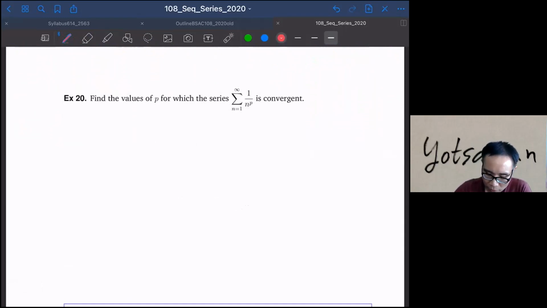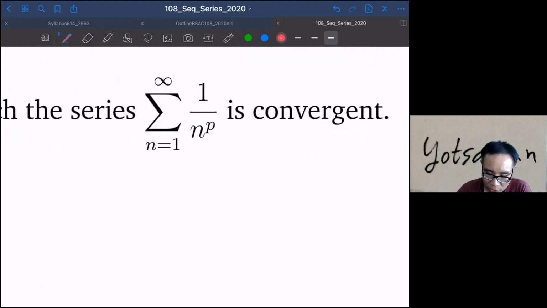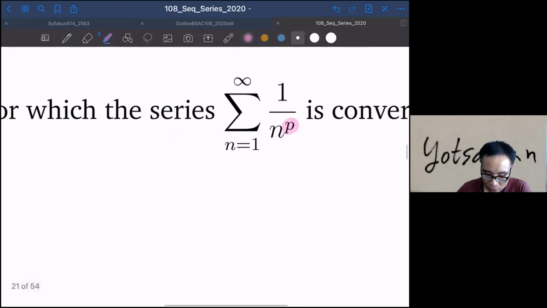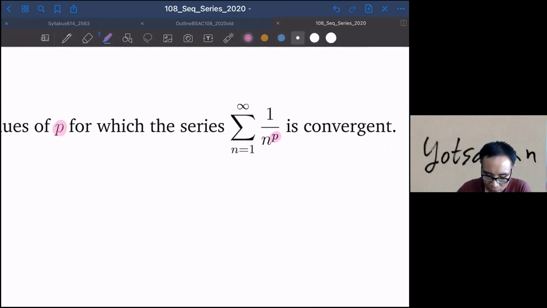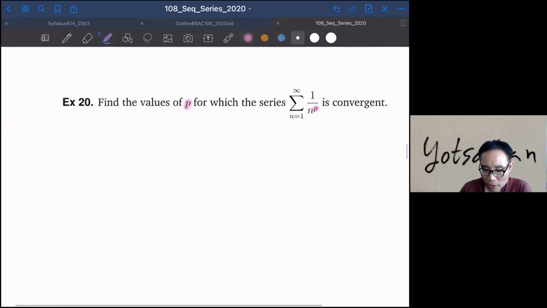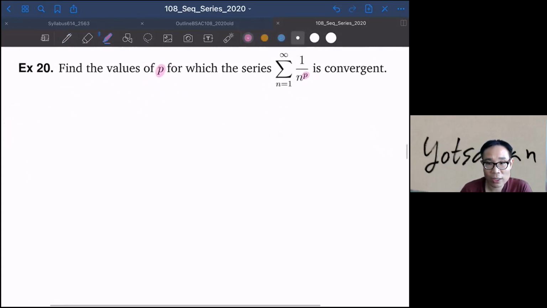The parameter that we are studying turns out to be the parameter p here. So we're going to distinguish the cases according to the parameter p.